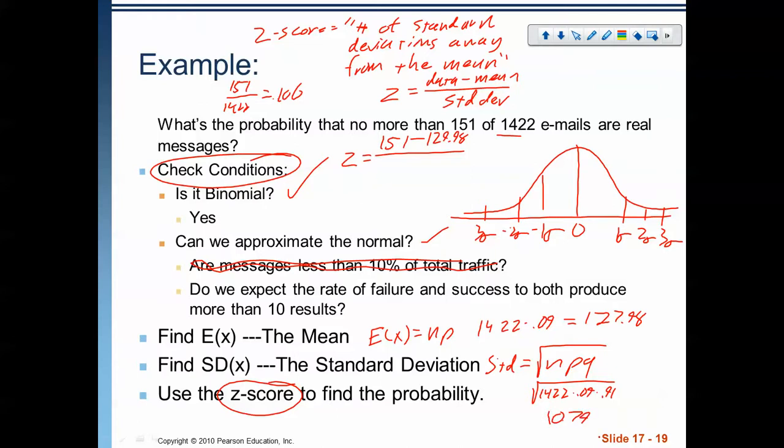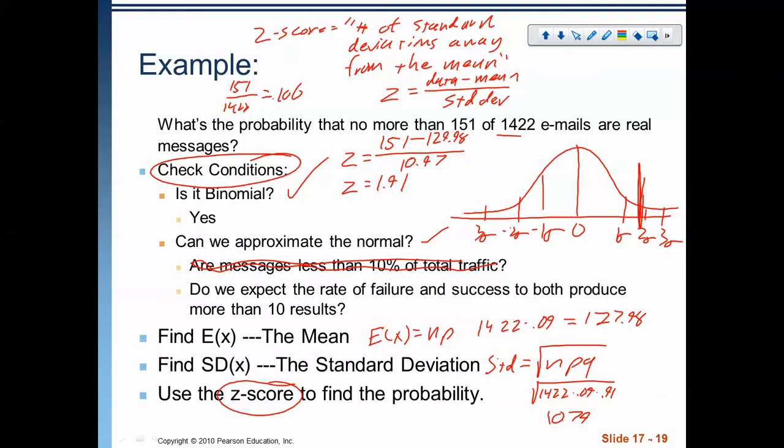So 10.79 is my standard deviation. Now I need to calculate my z-score. 151 minus 127.98, divided by 10.79. We get 1.91, which, by the way, is about right here.